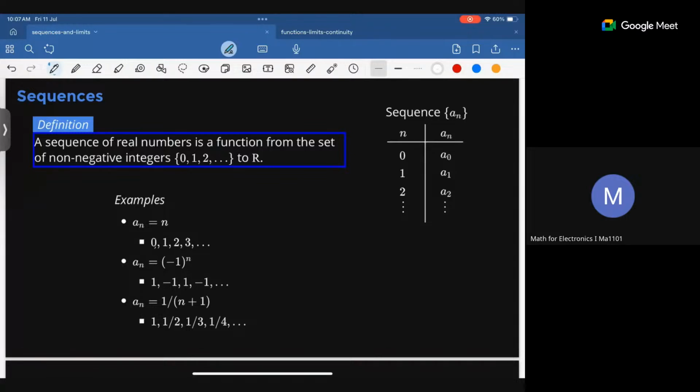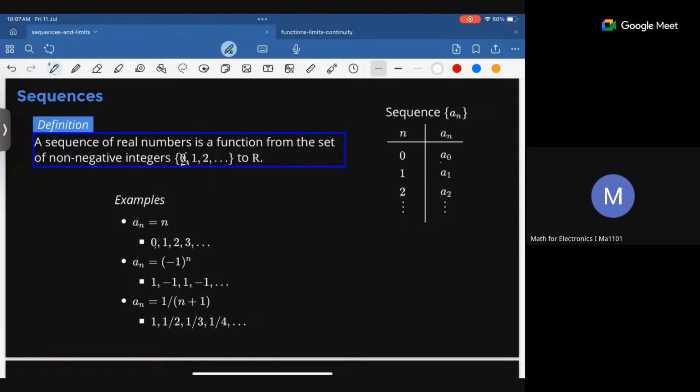So if a_n is (-1)^n, then my first number is (-1)^0. Sometimes we start with 0, but most of the time, if we don't specify, it implies that it starts with 1, so the first term is a1.